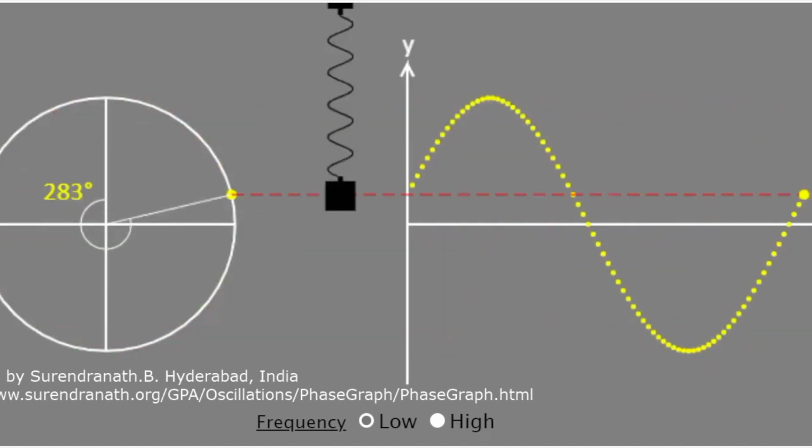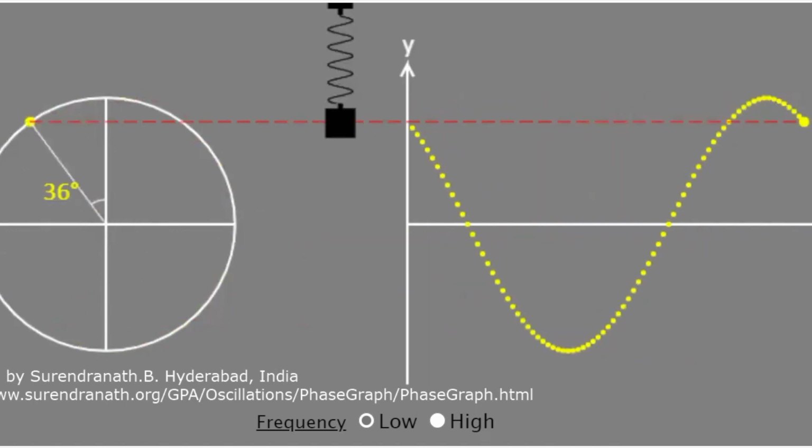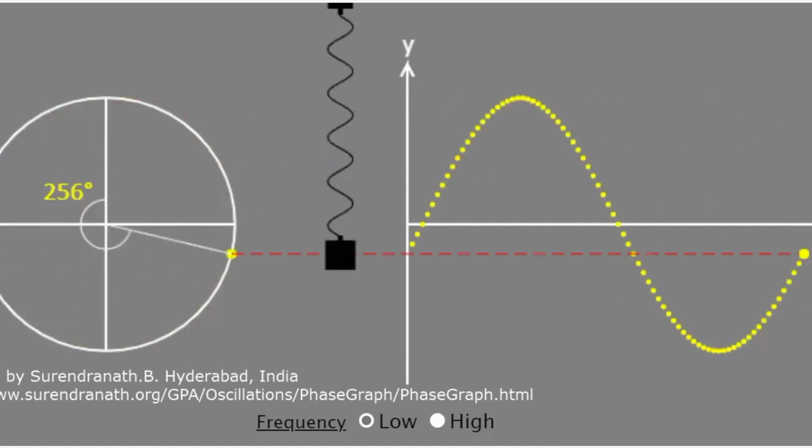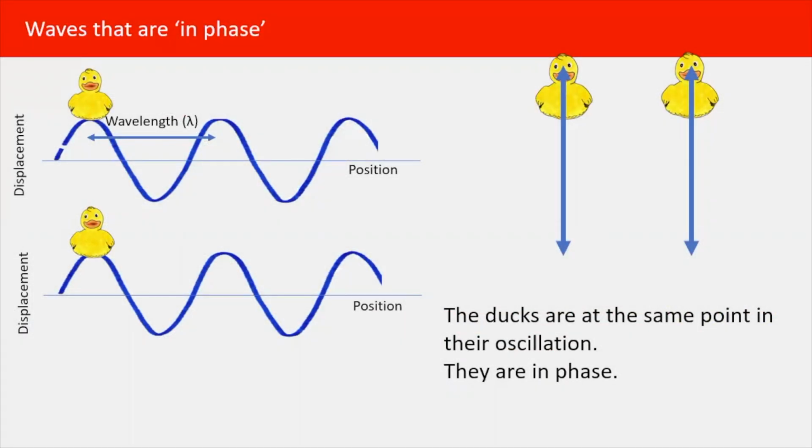Since sinusoidal wave motion is closely related to circular motion, the degree to which 2 points are out of step is expressed in degrees or radians. In this snapshot of two different waves, both ducks reach the peak of their wave together, and as time progresses, the two ducks are always at the same point in their cycle.